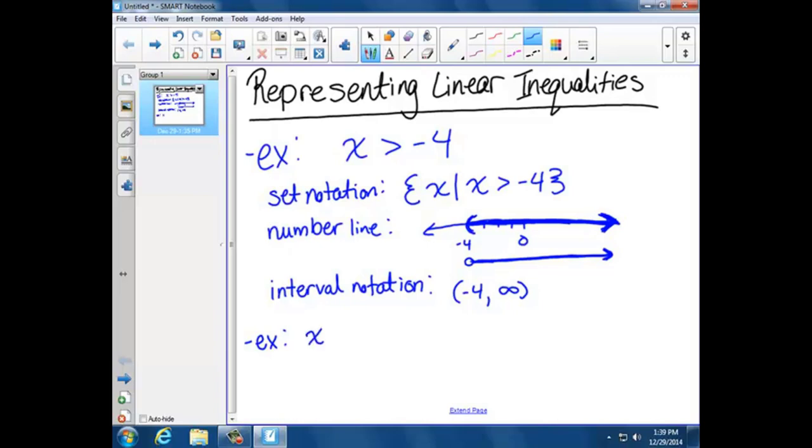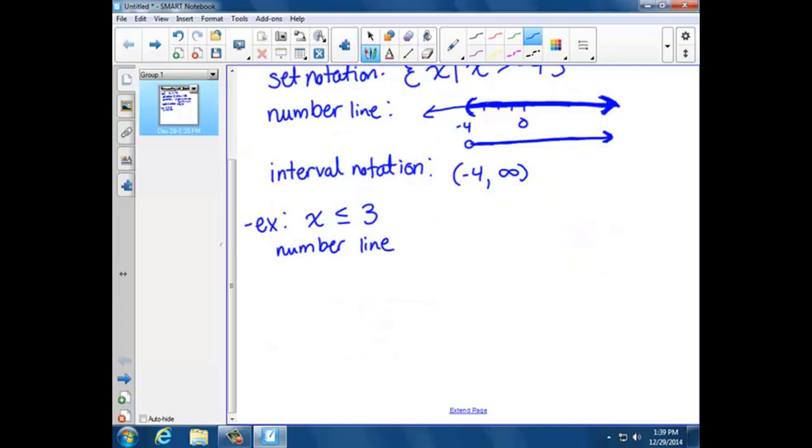x is less than or equal to 3. I'm going to skip set notation for this one. I think you guys can figure that one out. On a number line, I'm going to put my 0, 1, 2, 3.